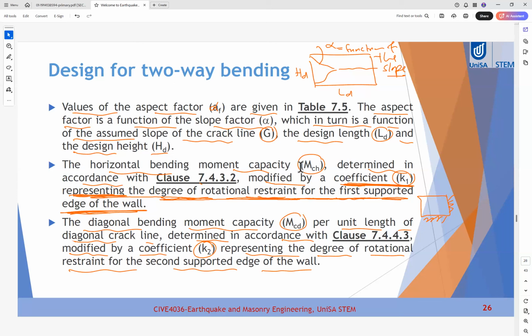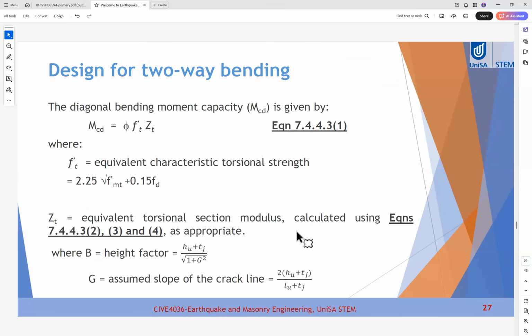Okay, so we have MCH and MCD. MCH is for the horizontal direction, MCD is for the diagonal direction. So let's look at how to find MCD. MCH was calculated earlier.